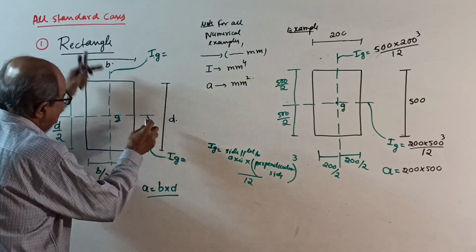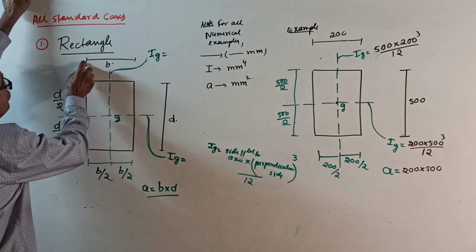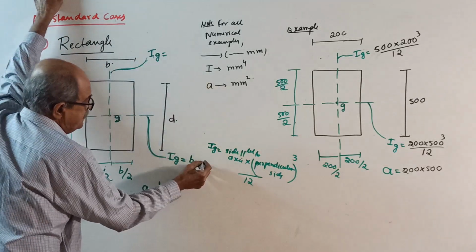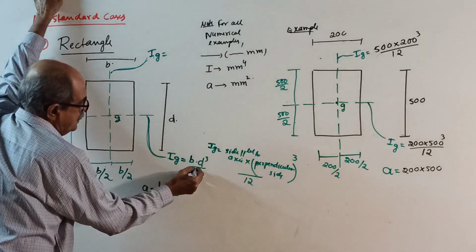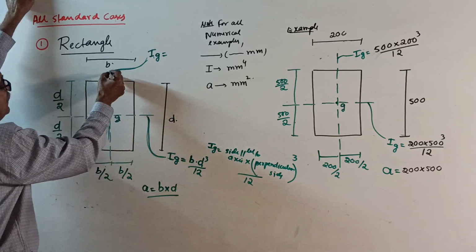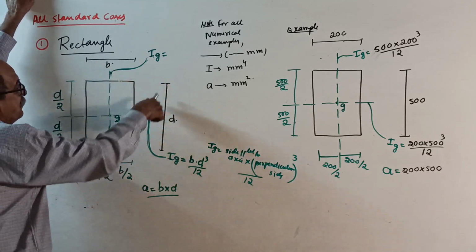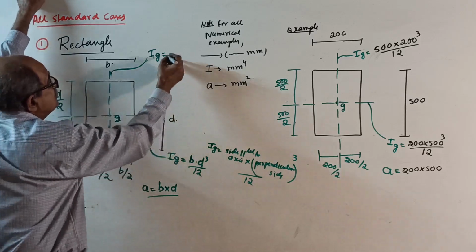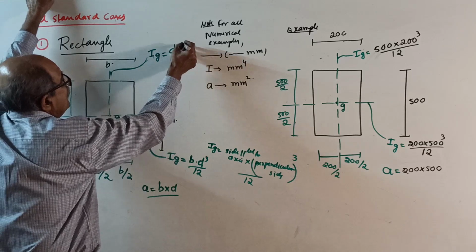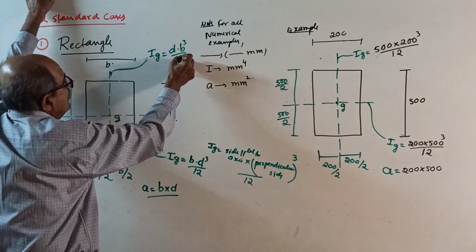This Ig is for this axis, parallel is B. So B into perpendicular D, D cube divided by 12. If you want I about this axis, parallel side is D. So D into perpendicular side B, B cube by 12.